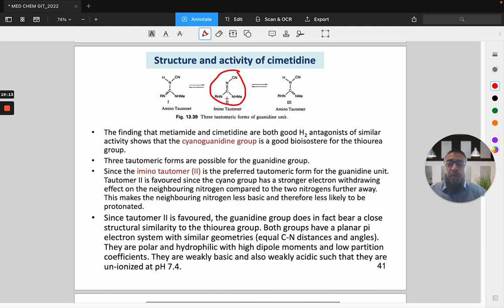This makes the neighboring nitrogen less basic and therefore less likely to be protonated. That's why this tautomeric form is the most preferred in the case of cimetidine.